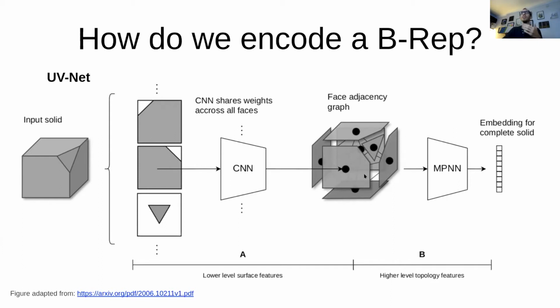We look at how these faces are connected to each other and learn higher order features in terms of the topology of the solid. Once we've finished with the graph neural network, we aggregate that information into a single representation for that solid. So this single vector will tell us about the content of that object. Is it a cat? Is it a house? Is it a car? And similar objects will have similar vectors.